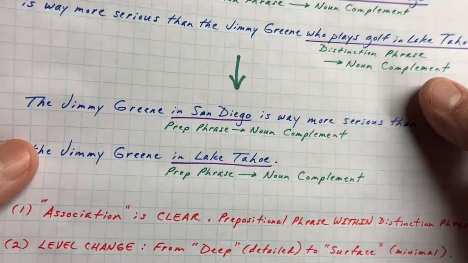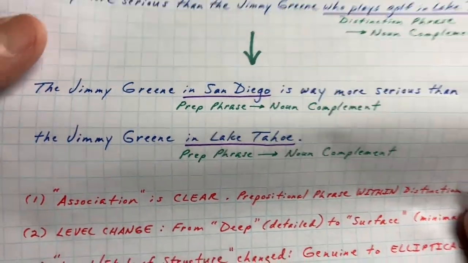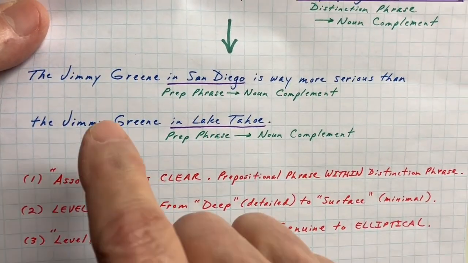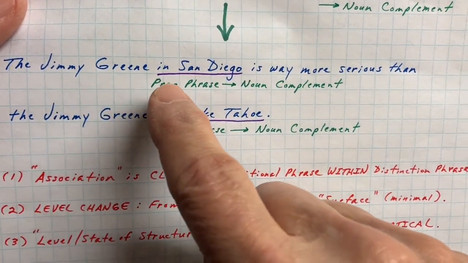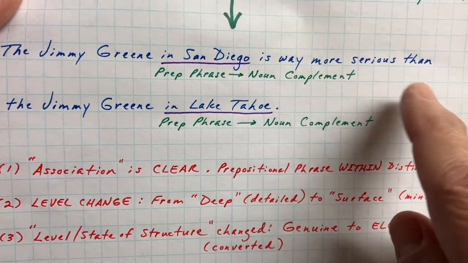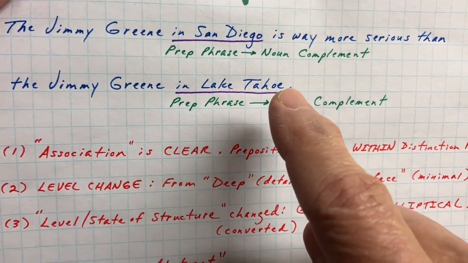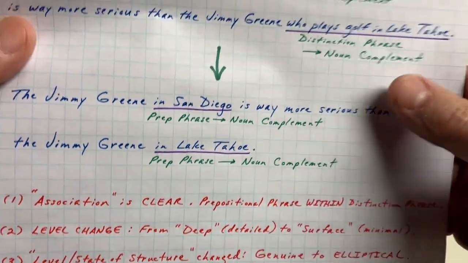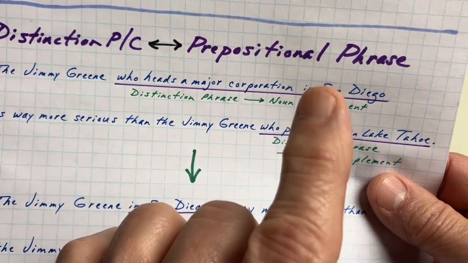All right, so here you see the example I gave in the previous video. But then we did a transformation and conversion here. Now we have, in simplified form, the Jimmy Green in San Diego is way more serious than the Jimmy Green in Lake Tahoe, okay? So now quite a few words were omitted.